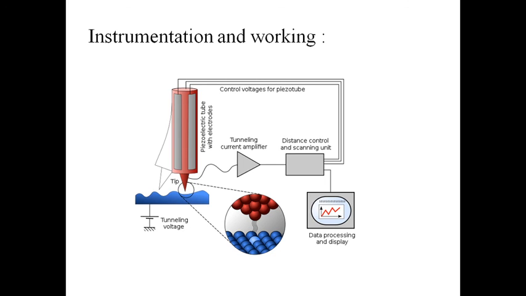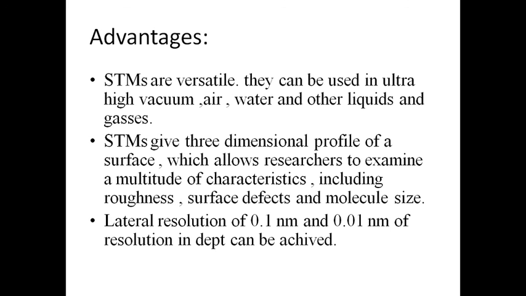So next are the advantages of scanning tunneling microscopy. It is versatile. It can be used in ultra high vacuum, air, water and other liquids and gases. The second advantage is that STM gives a three-dimensional profile of a surface, which allows researchers to examine a multitude of characteristics including roughness, surface defects and molecule size.